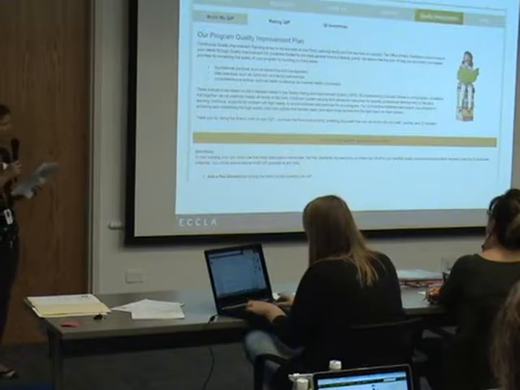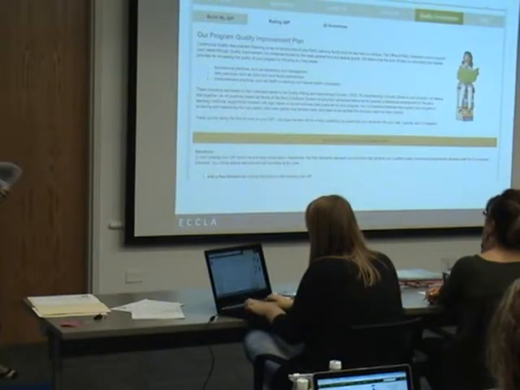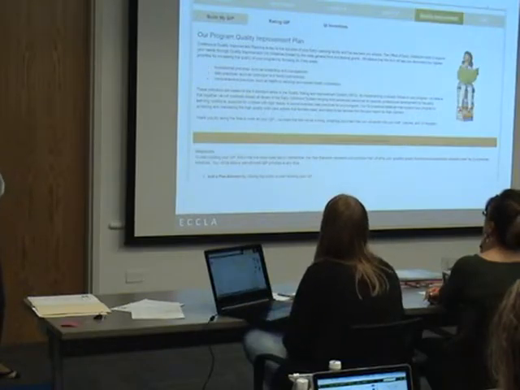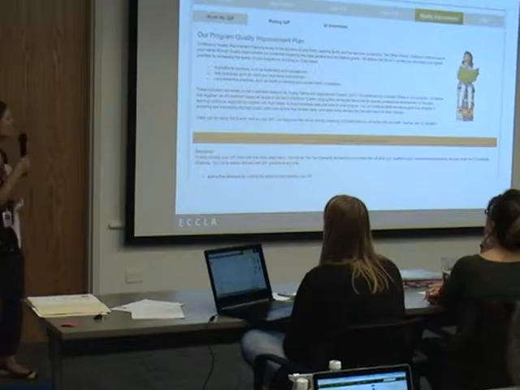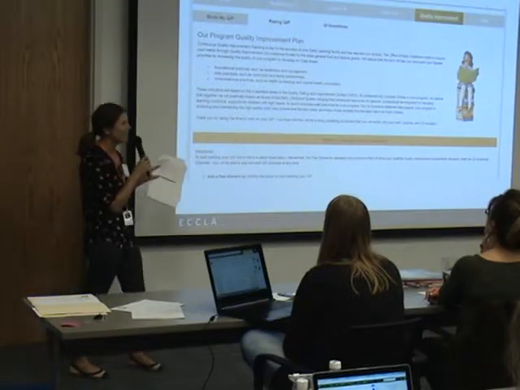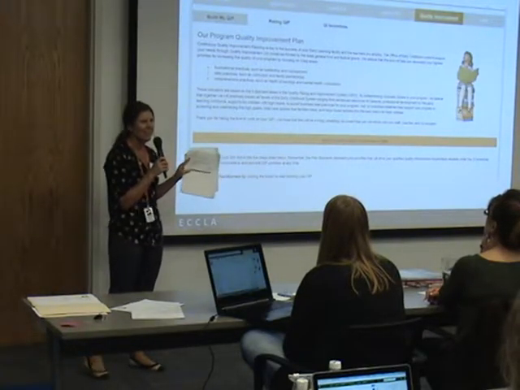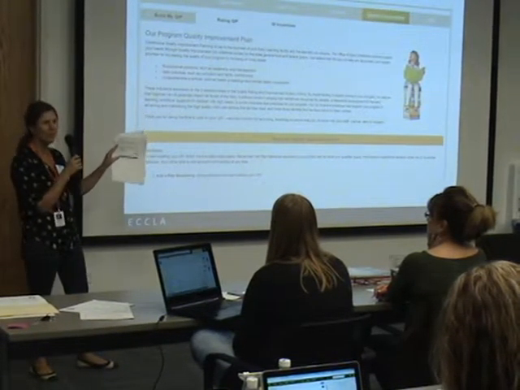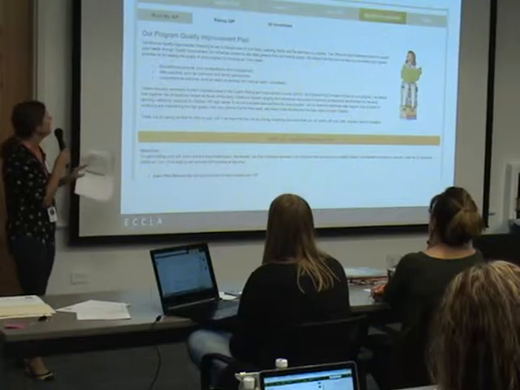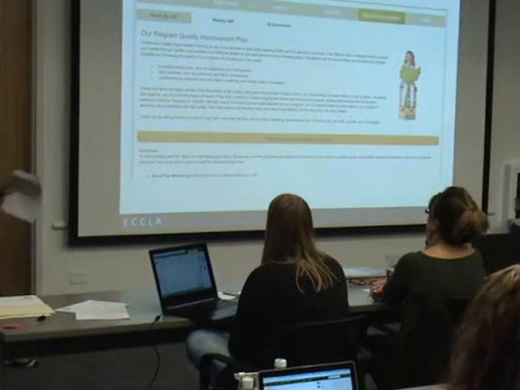So here is a screenshot of the Colorado Shines Quality Improvement Plan. Does everyone recognize this? Okay, good. So it's found when a provider logs in, they're on their home page, they would locate the QIP under the Quality Improvement tab, and then they'd have the option to build my QIP.